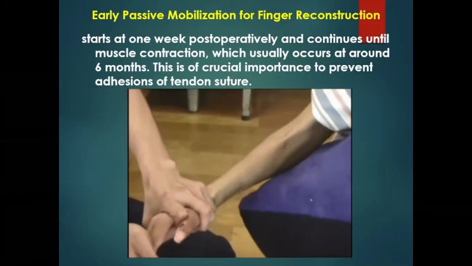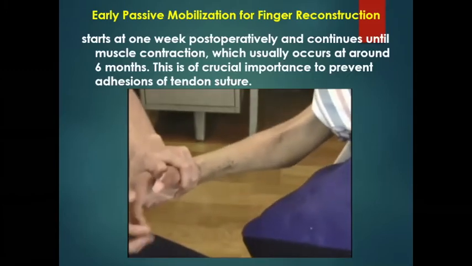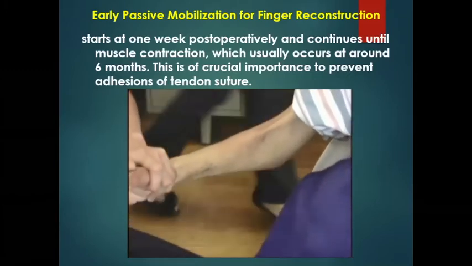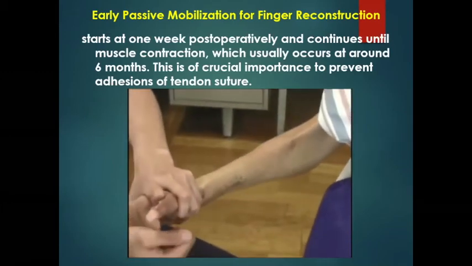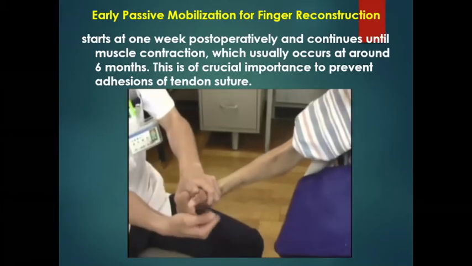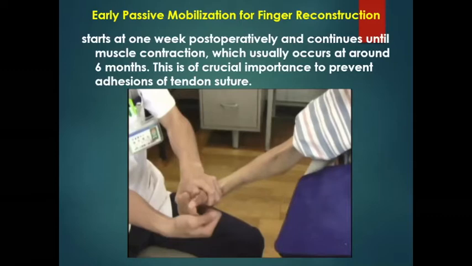This is continued until there is evidence of muscle contraction, which usually occurs around 6 months. But this early mobilization is unnecessary for single elbow flexion reconstruction, in which only elbow flexion contracture should be prevented by gentle passive elbow extension.